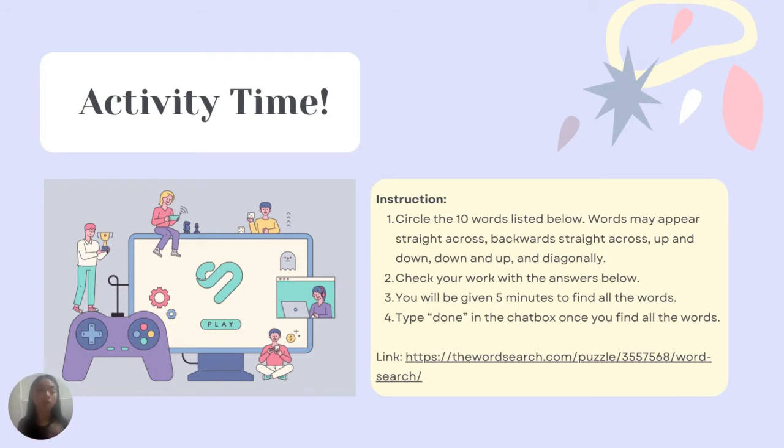You will be given only 5 minutes to find all the words, and then type done in the chat box once you find all the words. If the instruction is clear, type clear in the chat box so that we can move forward.